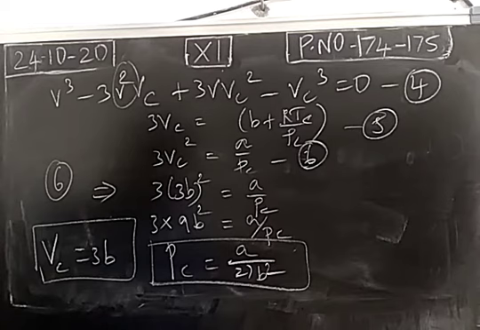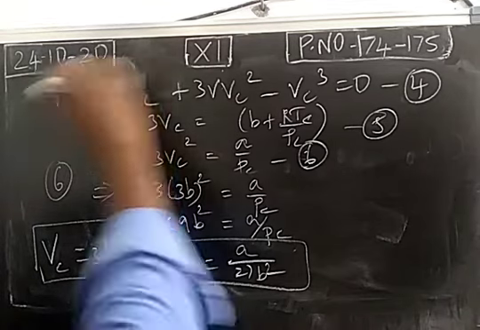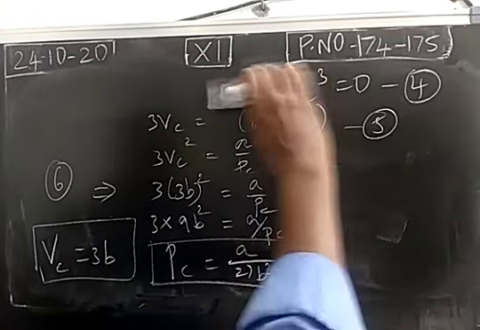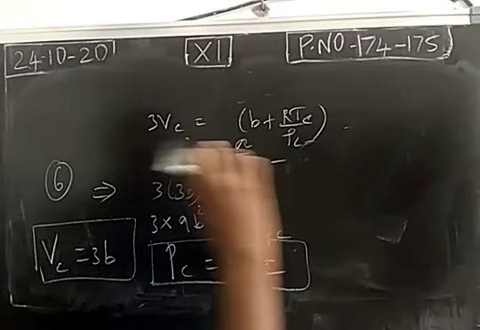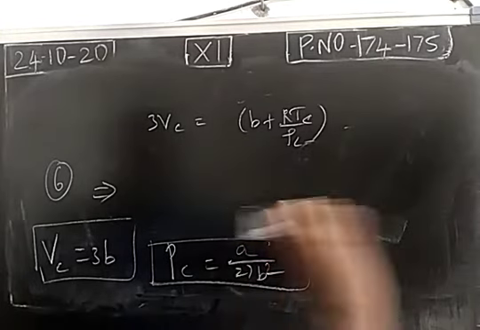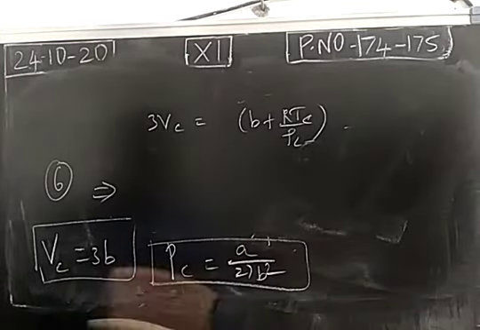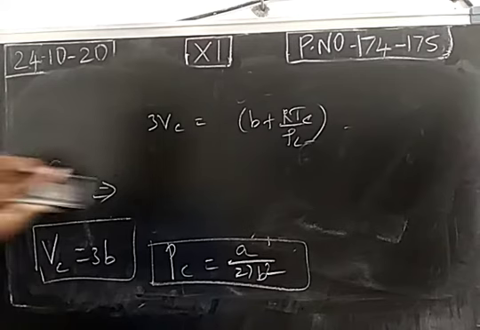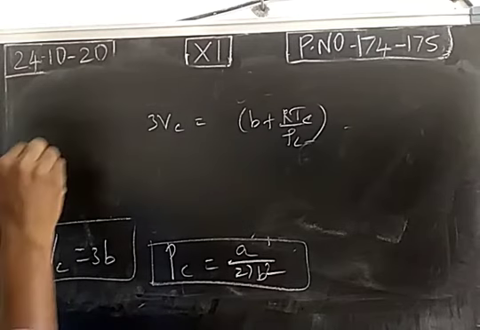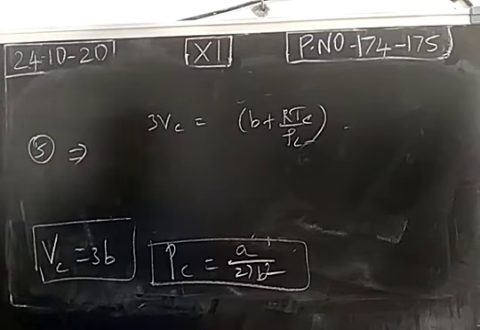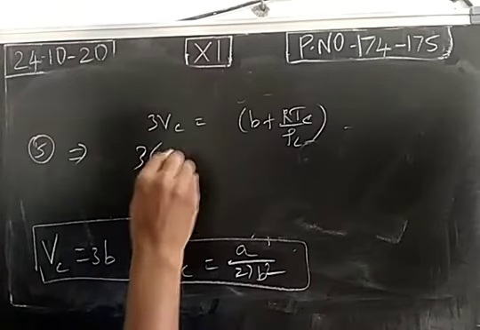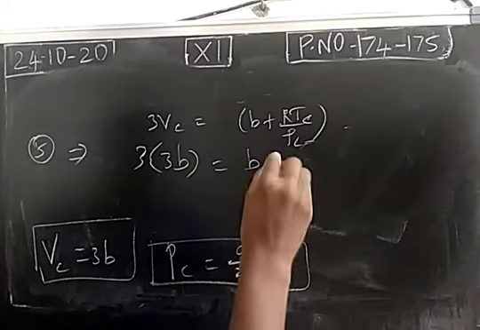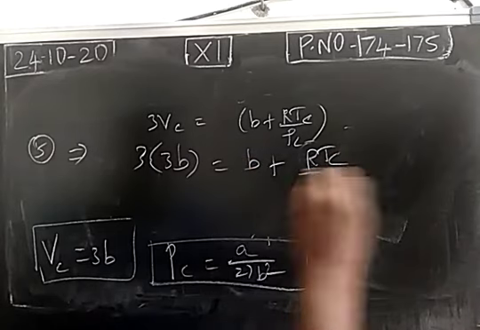Next, we have to calculate Tc. Apply both these values in equation number 5. 3 into Vc, 3b, is equal to b plus RTc divided by Pc.